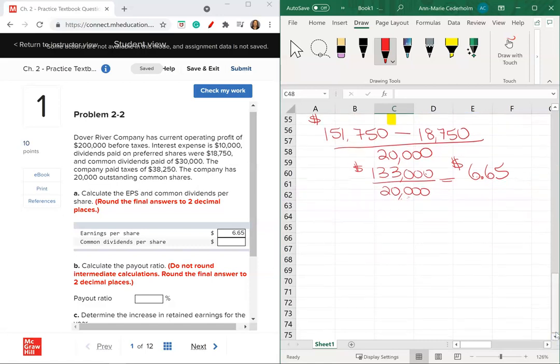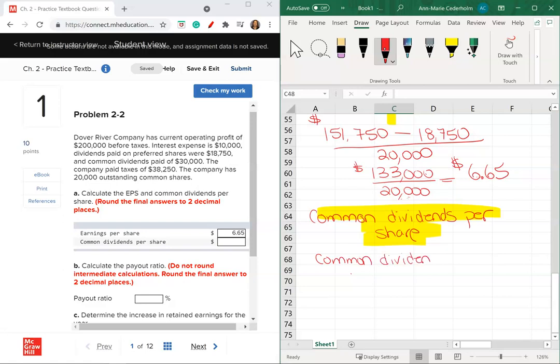Okay, so now the next ratio that I'll do is the common dividends per share. The formula for that is your common dividends paid, so it's a dollar amount on the top, and divide that by your common shares outstanding.